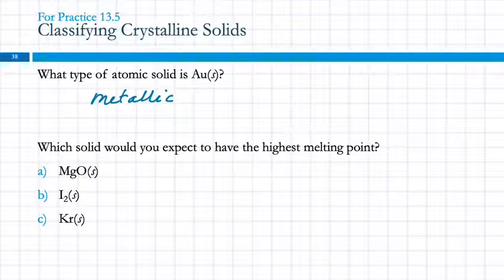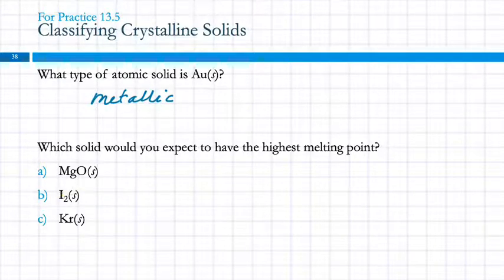Okay? Here's another kind of question. Which solid would you expect to have the highest melting point? So melting point depends on the strength of intermolecular forces or bonds, whatever's holding the things together. So what we need to do is identify what the particles are here and what's holding them together.